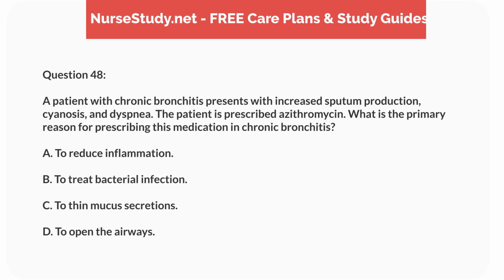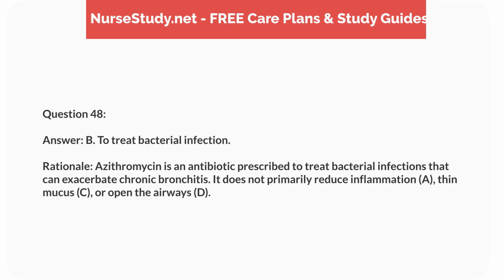C. To thin mucus secretions. D. To open the airways. Answer: B. To treat bacterial infection. Rationale: azithromycin is an antibiotic prescribed to treat bacterial infections that can exacerbate chronic bronchitis. It does not primarily reduce inflammation, A, thin mucus, C, or open the airways, D.